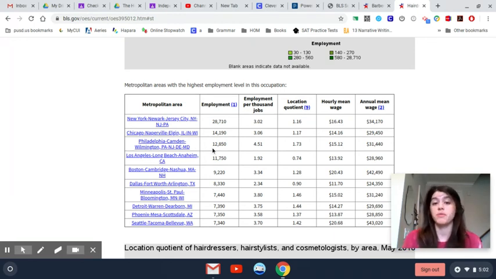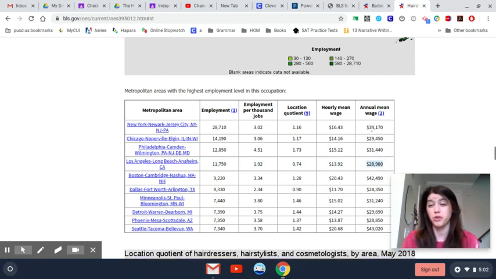11,000 cosmetologists and hairstylists. So 11,000 employment per jobs, 1.9 location quotient, hourly wage, and then your annual mean. So if you actually look here, you see LA area, $28,000 as opposed to New York where you'd be making $34,000.